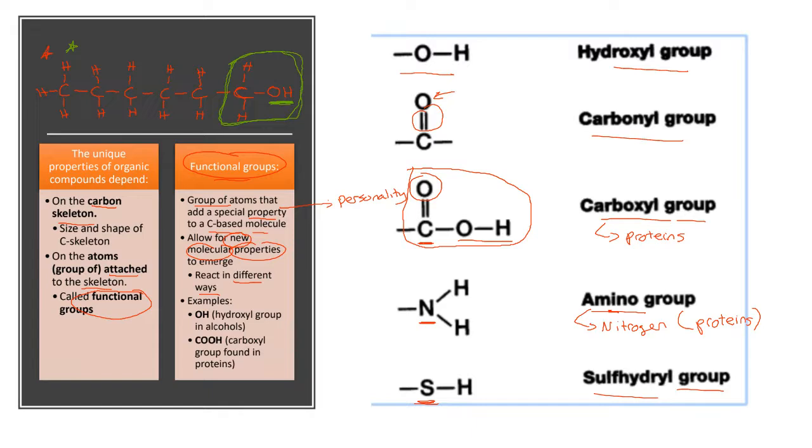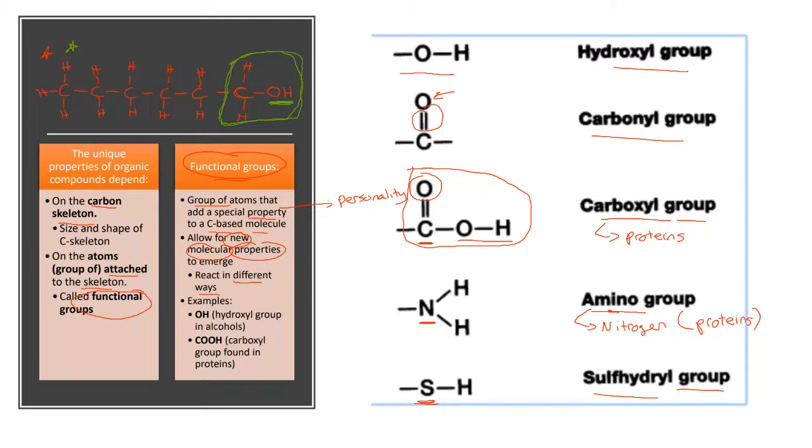The point here, guys, the punchline, is this: our molecules are organic molecules. You are made of organic molecules. If you are made of organic molecules, most of your molecules are going to be based on carbon. That's going to be the backbone of your molecules. And a lot of these carbons are going to be attached to hydrogens. But then we can add functional groups to some of our chains of carbons, and that is going to give these hydrocarbons slightly different types of personalities or new functions or new ways to interact.